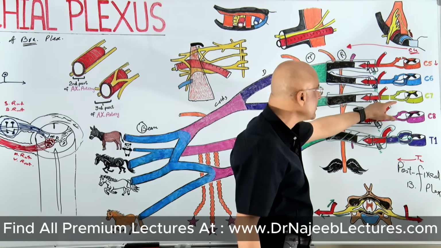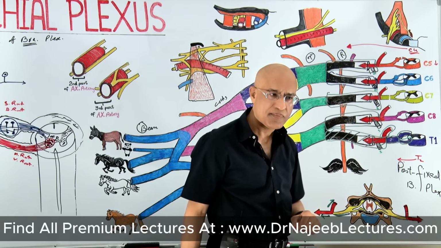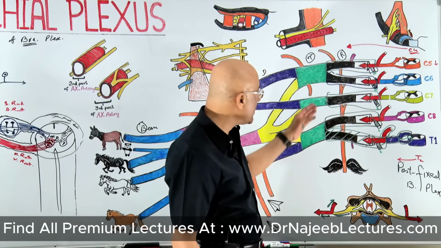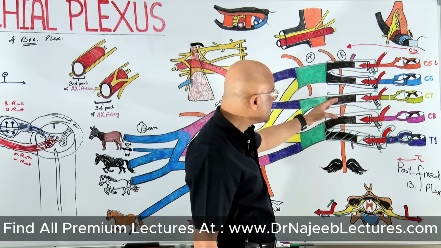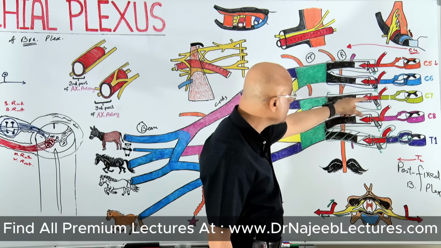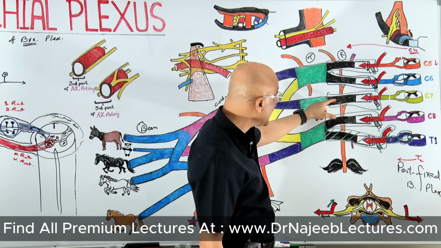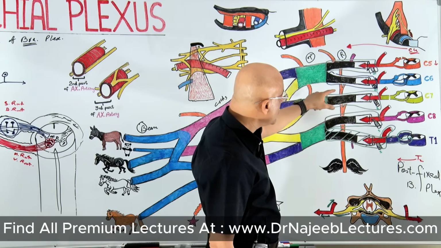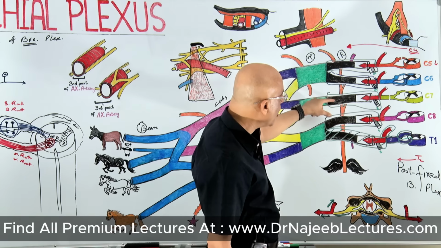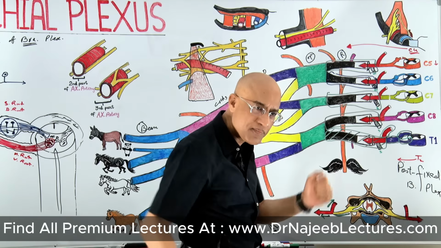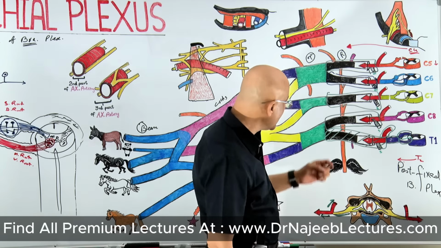And this C7, it is very arrogant, right? It doesn't like to mate or mix, but eventually somewhere in future it will mix, but not here. Here the C7 root does not like to fuse with C6 or with C8. So it goes on its own, solo flight, right?